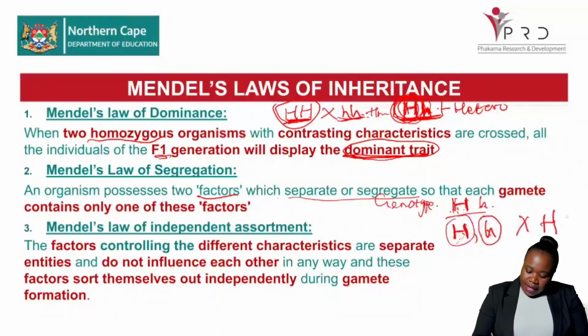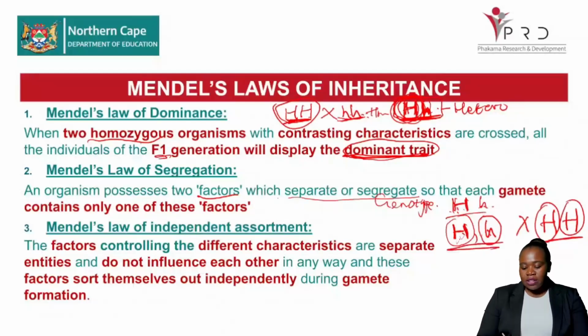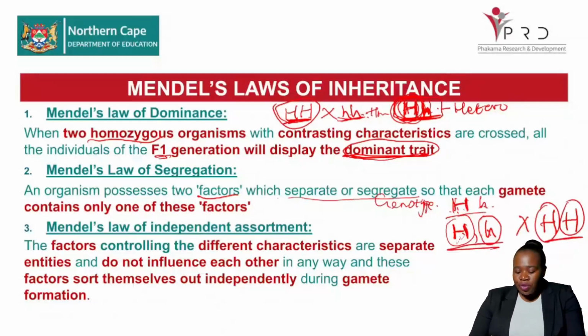It simply means that when we are crossing these gametes of this individual with these gametes of the other individual, the two gametes from individual one are not going to both cross with the gamete from the other individual. So we do not have H.